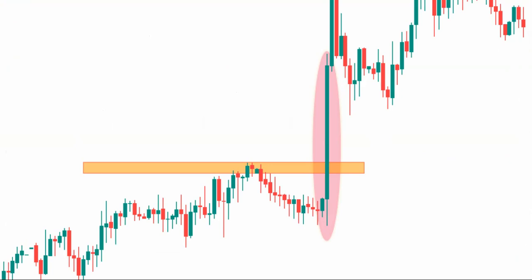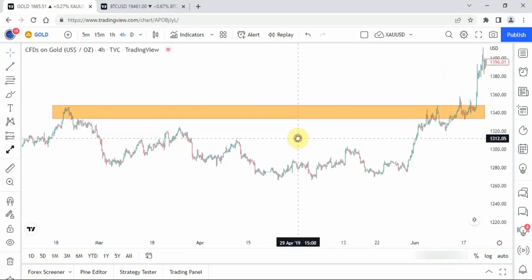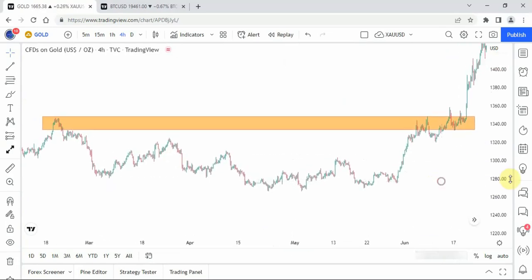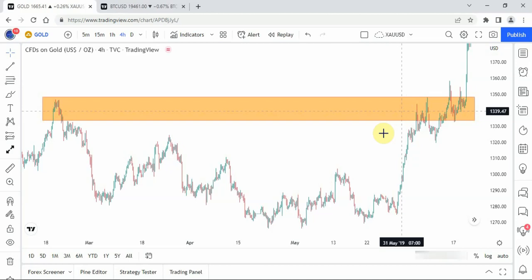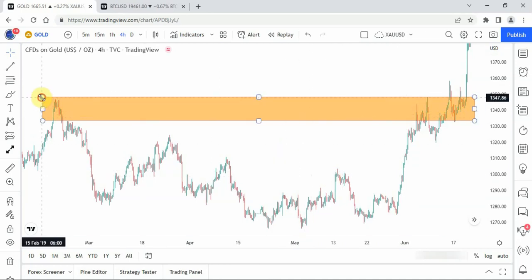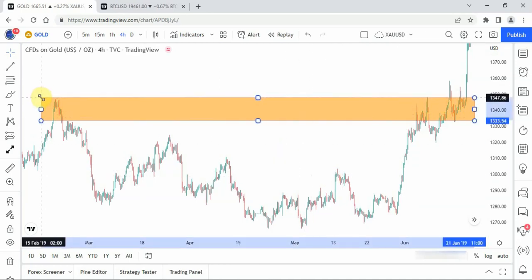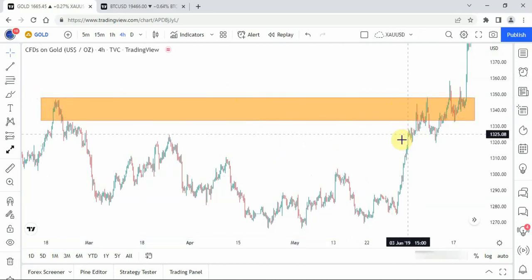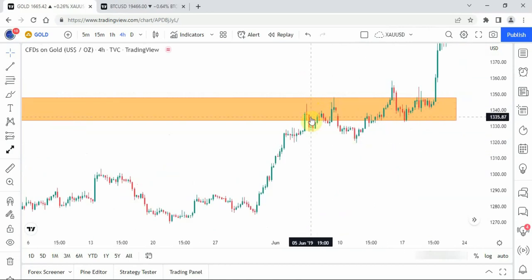Let me show you an example on gold chart, a time frame 4 hour. If you look at the chart, between this box which I have drawn, we have supply zone, that when candles get close to that area, the sell pressure goes up in the market.